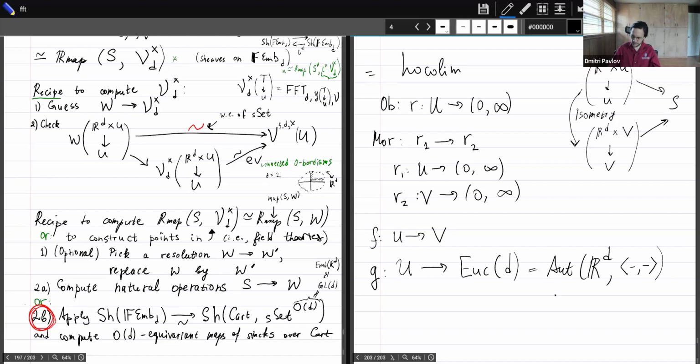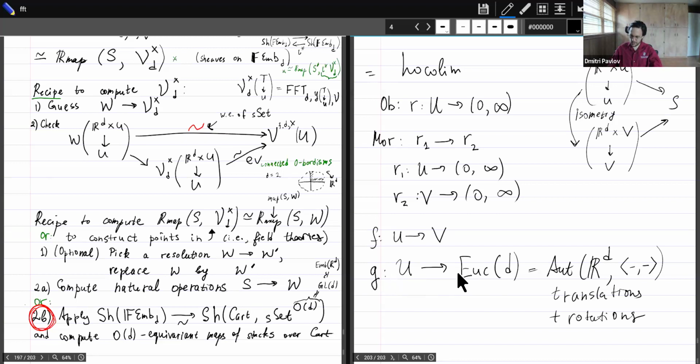So you have translations plus rotations, basically. And reflections, I guess. The Euclidean group, yeah. So the interpretation here is really simple. Let's ignore U and V. These are just control families.